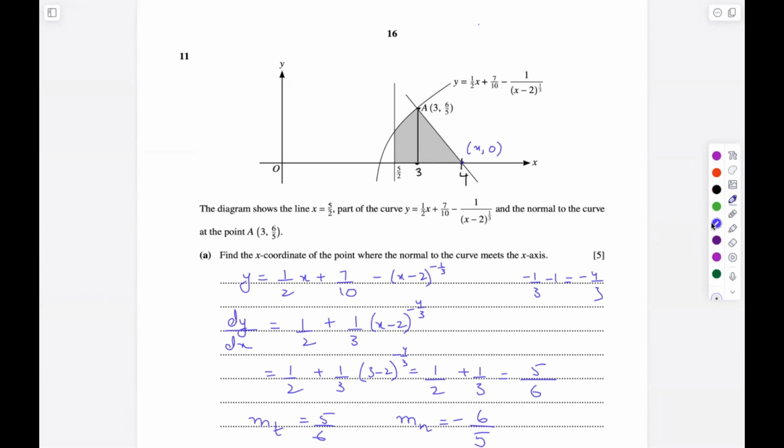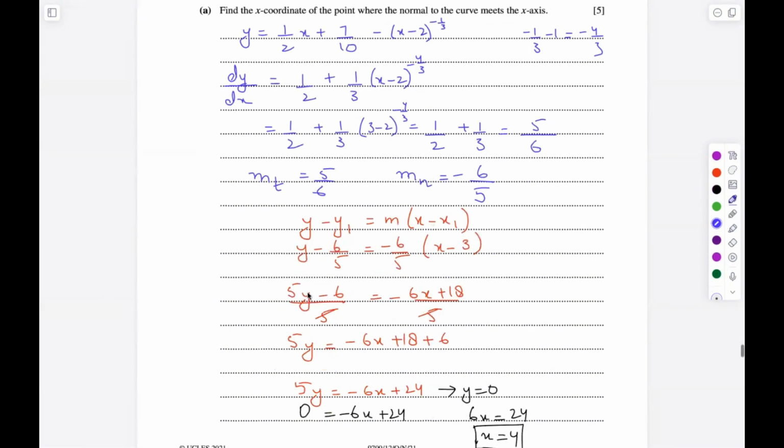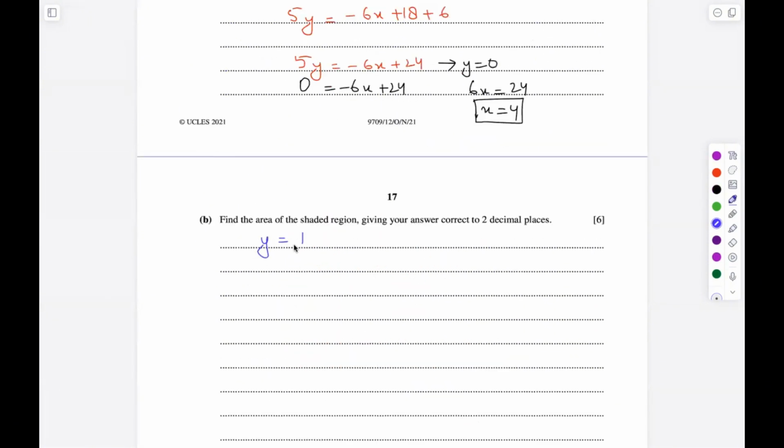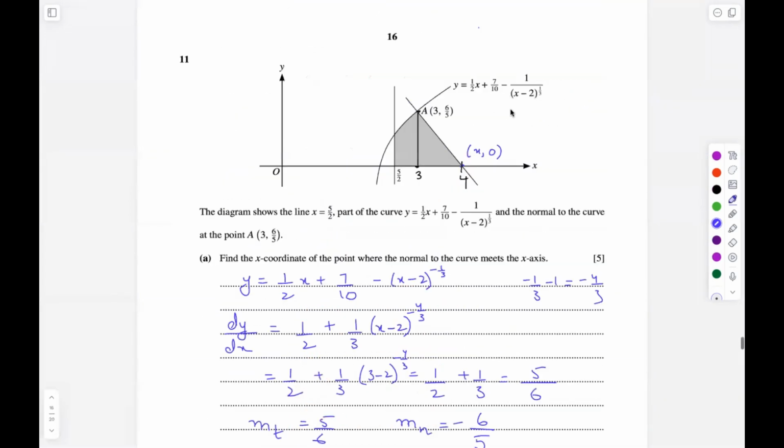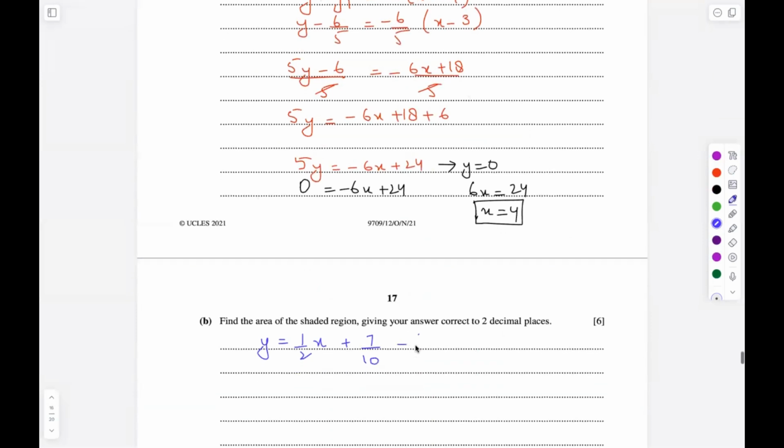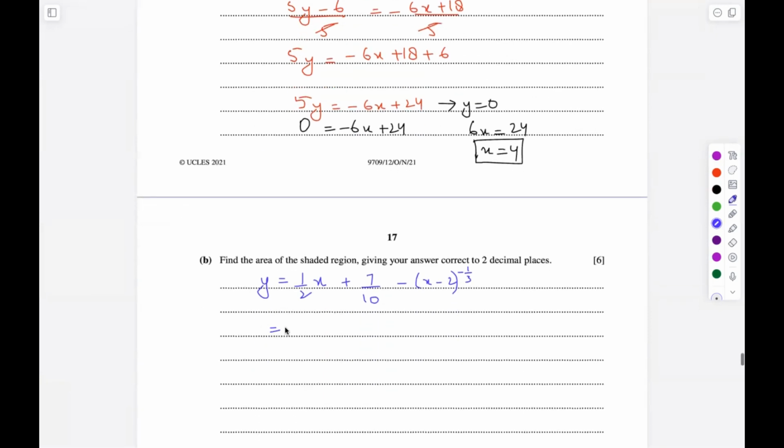Now, first finding the area under the curve, the equation is y = 1/2 x + 7/10 − 1, so we can bring (x − 2) to the power −1/3 into the numerator. Now integrating to find the area, integrating 1/2 x will become 1/2 x^2/2, so this will become x^2/4, as we increase the power and divide by the new power.